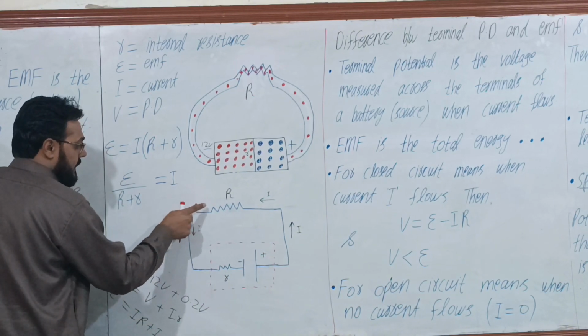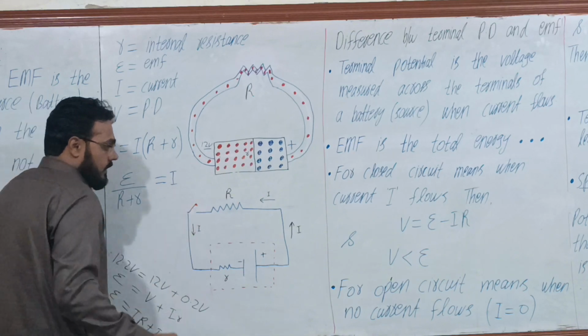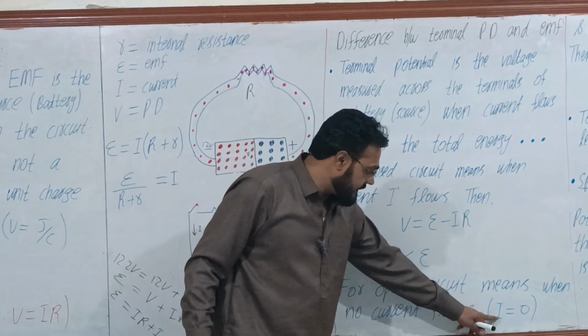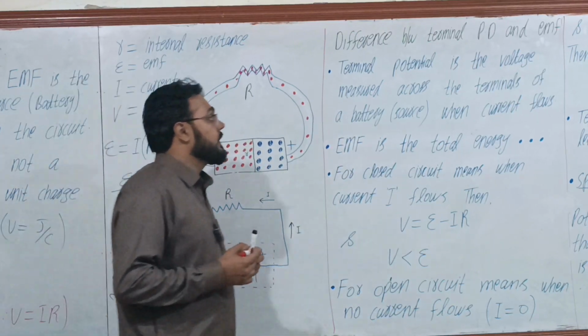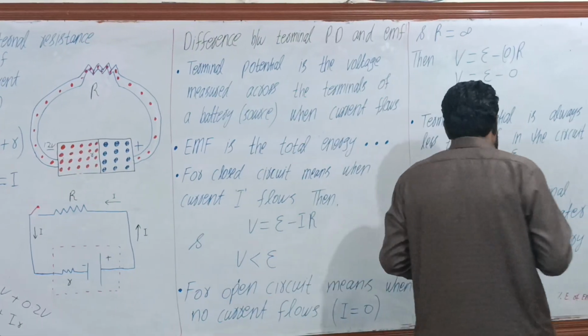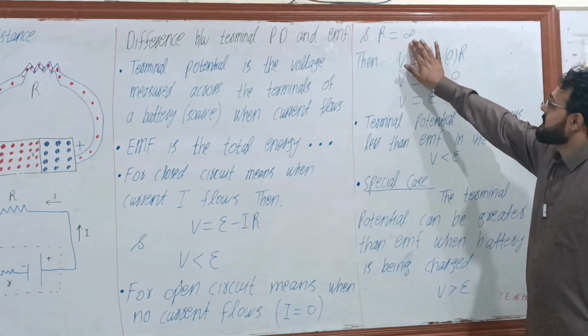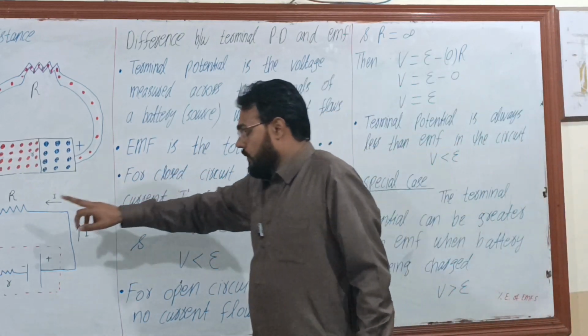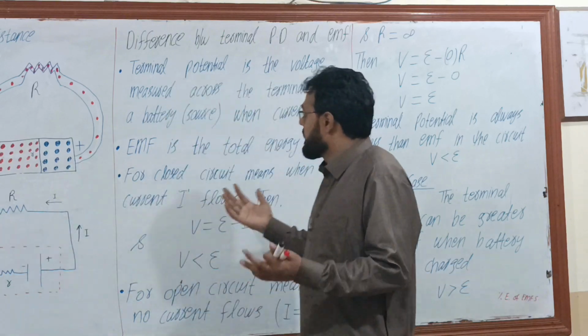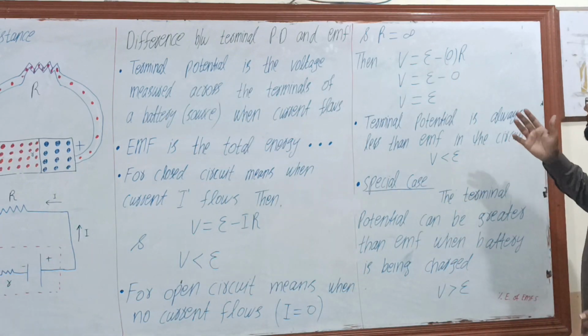For open circuit, the current is 0 and the resistance is infinity. Infinite resistance means current can't flow, means a wire is broken.